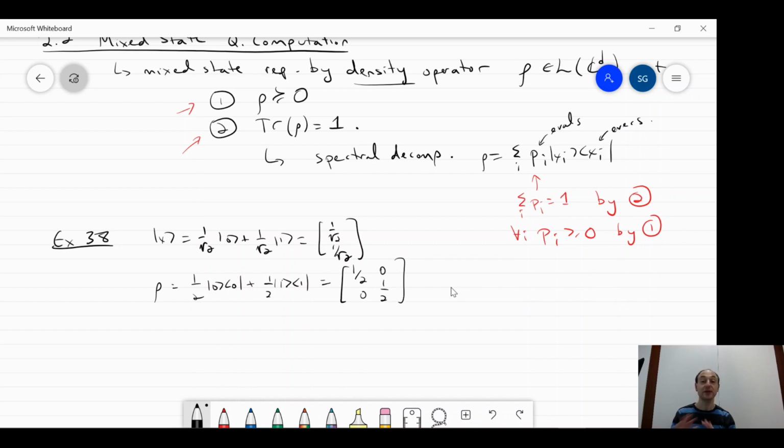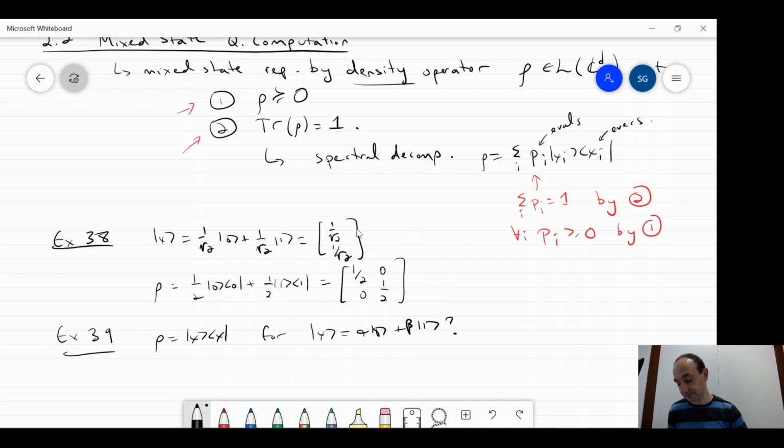So they're really two very different objects in the end. Exercise 39 will get you to work out what the density matrix rho of psi is for an arbitrary state psi on a single qubit. That's something for you to work out if you've forgotten how this goes.